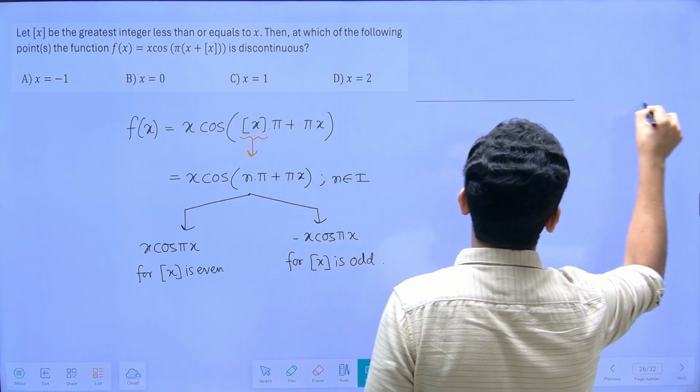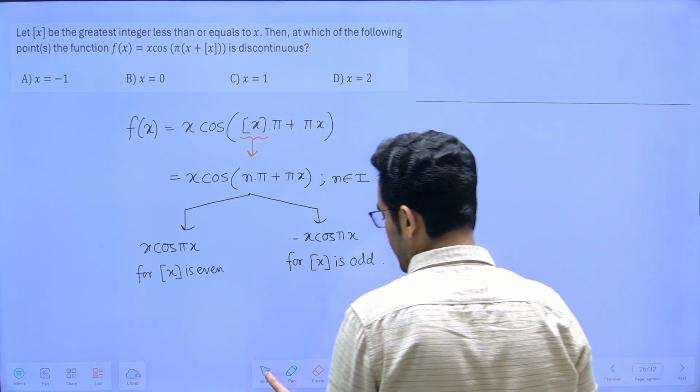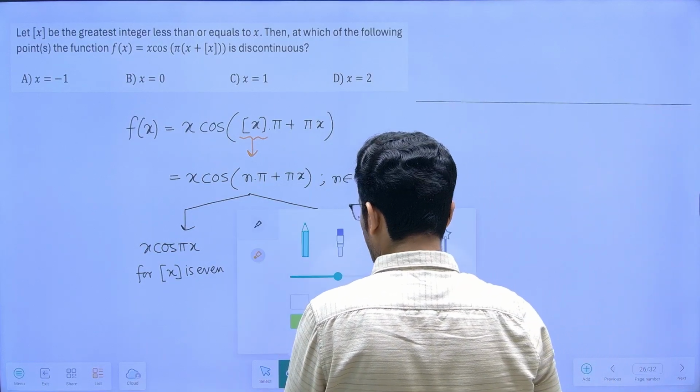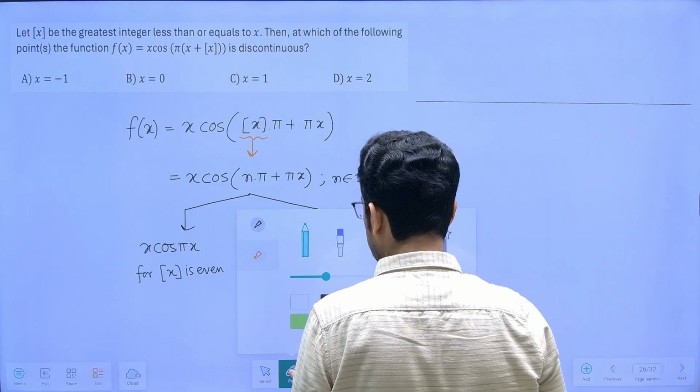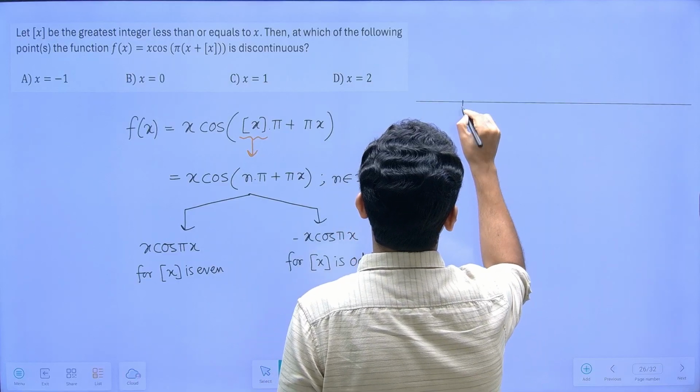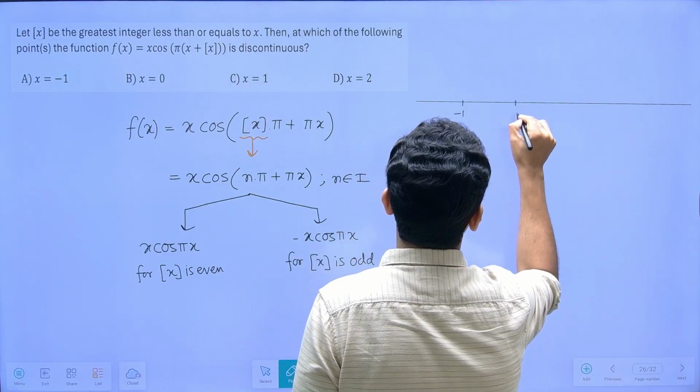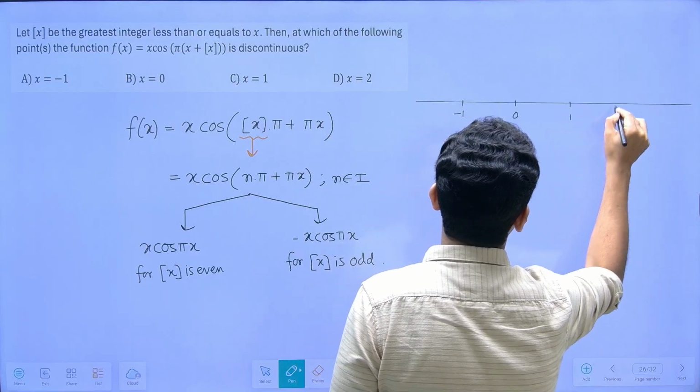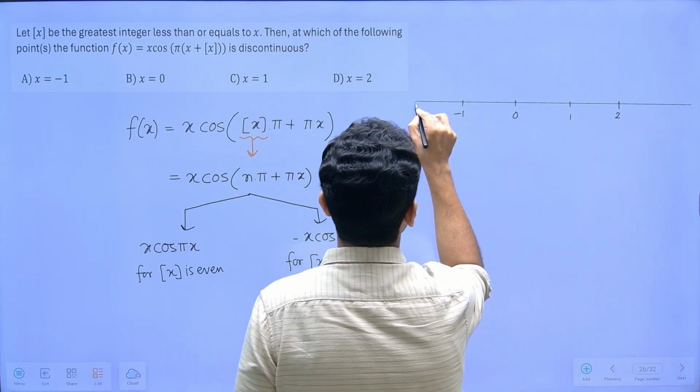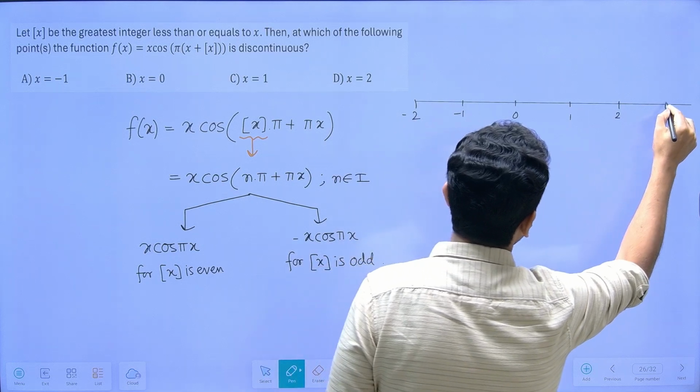So let us discuss the nature of the function in the neighborhood. If you write down the 4 points, say -1, 0, 1, 2, and let us take -2 here and 3 here.